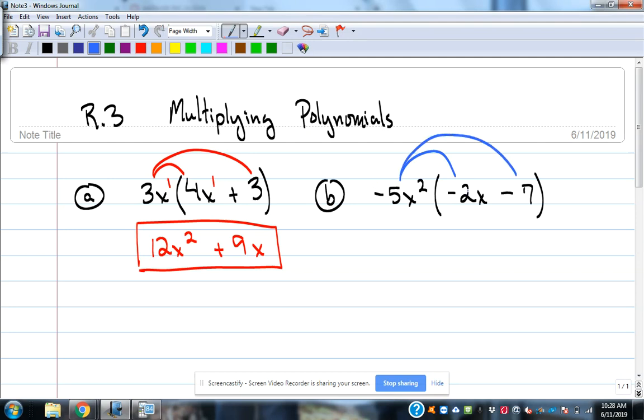Negative 5 times negative 2 would be positive 10. X squared times x would be x to what power? To the third. 2 plus 1 is 3. And then negative 5 times negative 7 would be positive 35, and the x squared comes with it. 10x cubed plus 35x squared.